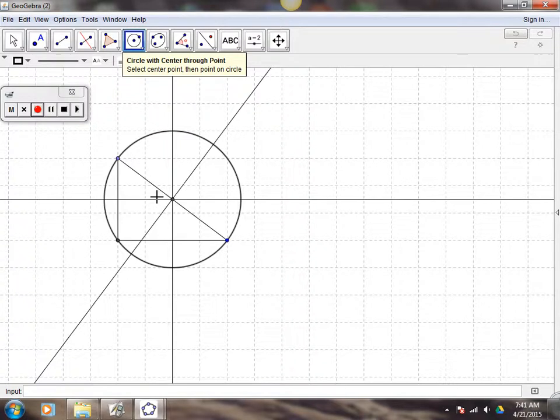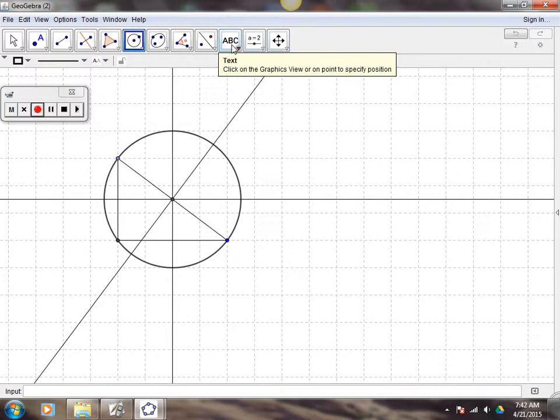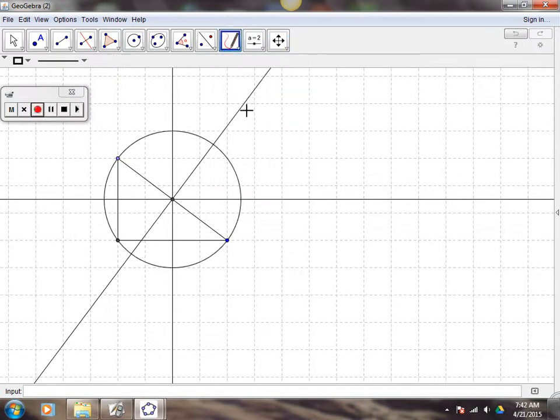So to find the circumcenter, you got to find the perpendicular bisector of each line. And it wasn't bad because it gave you this 90 degree right here. So we got to find halfway between here. Where's my writing tool? So this was 0 and this was 4.